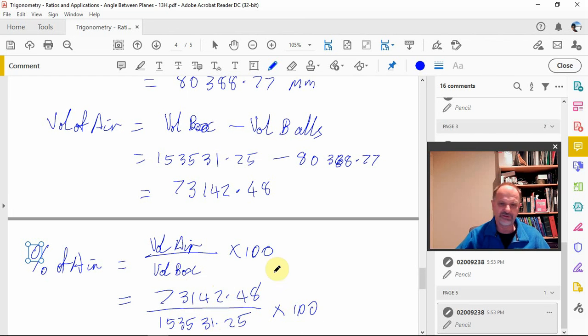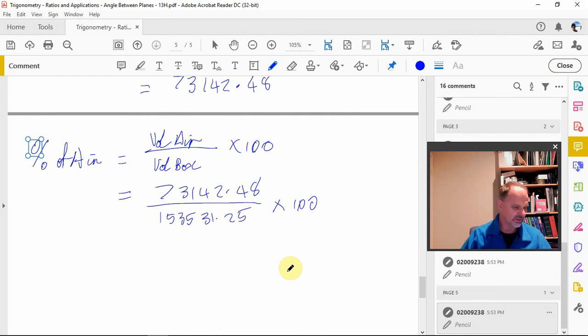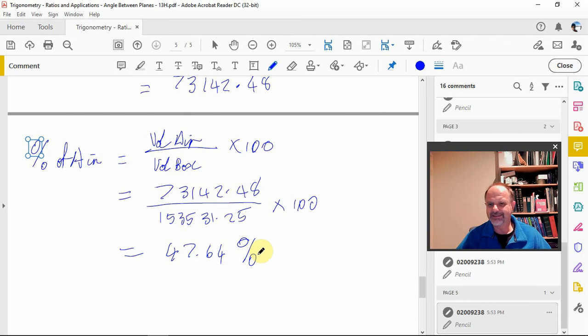We get our trusty calculator out and let it do the job, and you find that you've got a lot of air in there. 47.64% of the volume of the box is air.